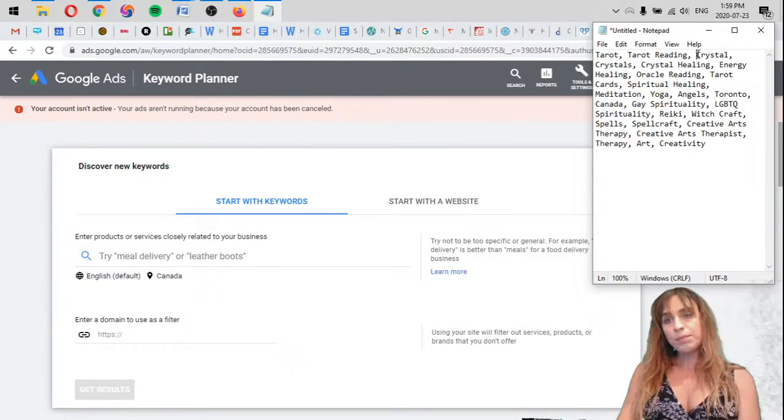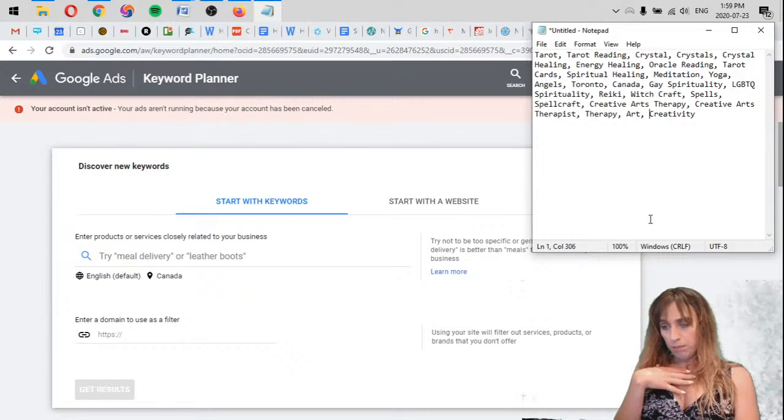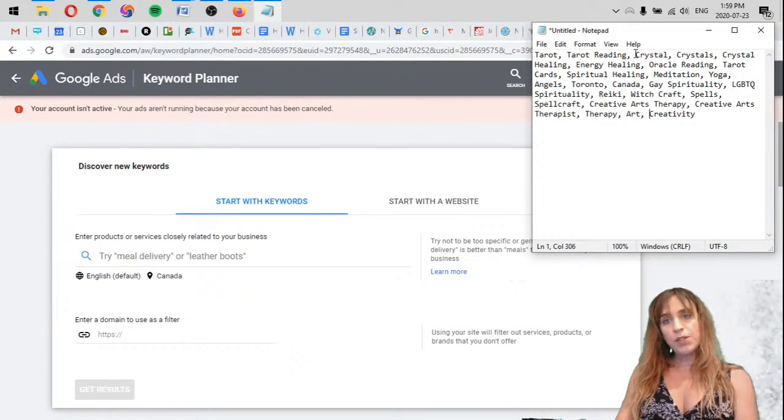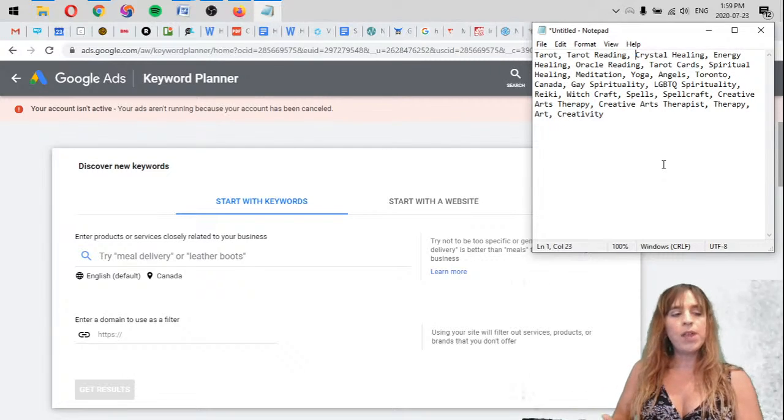So I'm going to parse through. Here are the keywords that he provided for us that he'd like to rank for. And there's a few that I would like to take out of here, just knowing about his business. So for example, crystal and crystals, those are not good keywords for him. Reason being, he is a card reader and a spiritual advisor, that sort of thing.